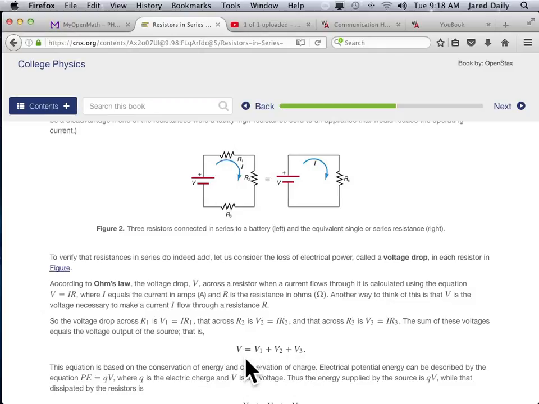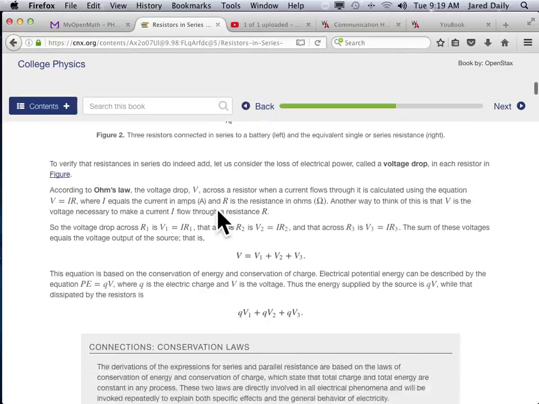And using Ohm's law, each of these voltages equals the current times the resistance: current times resistance 1, current times resistance 2, current times resistance 3, where all the currents are the same because the current has to pass through all 3 of them. It has nowhere else to go, so it must be the same passing through all 3.